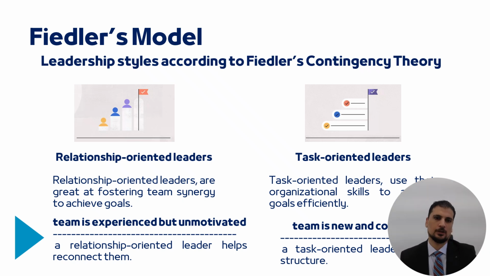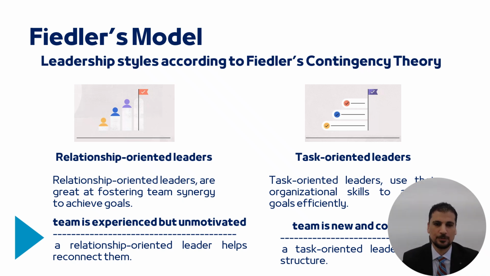Fiedler's model emphasizes that leadership is situational. Some leaders focus on tasks while others prioritize relationships, and neither style is better. It depends on the context itself. When working with a new, uncertain team, we can adopt a task-oriented approach by providing a clear structure and direction for the team and the members.